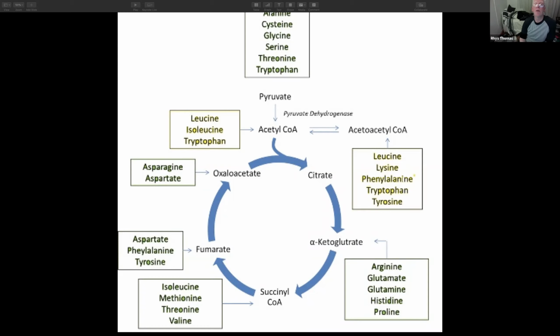So this is where all the amino acids come in. There's ones that are glucogenic, so the alanine, cysteine at the top, they've been turned into things that are part of glycolysis or can go into glycolysis. So in theory, they're the amino acids that can be utilized in gluconeogenesis.